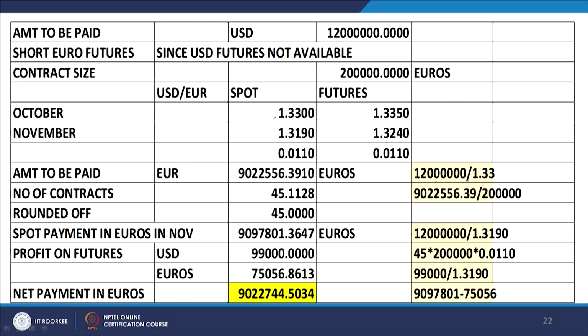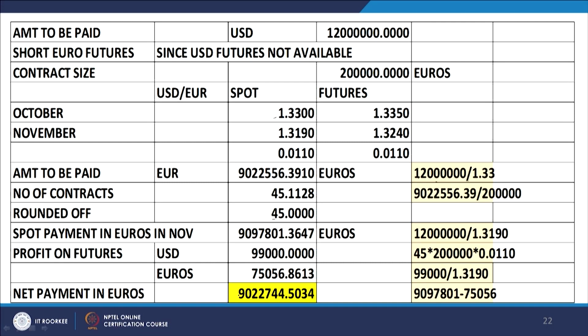The contract size is 200,000 euros. So, the number of contracts works out to 45.1128, and that is rounded off to 45 contracts. This is the number of futures contracts that he is taking a short position in.